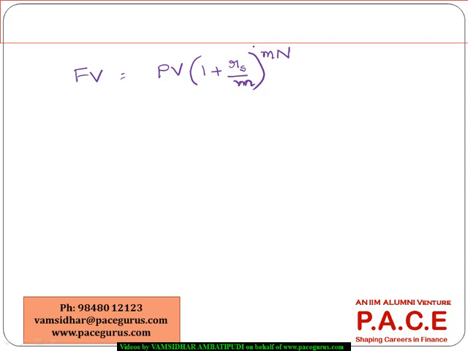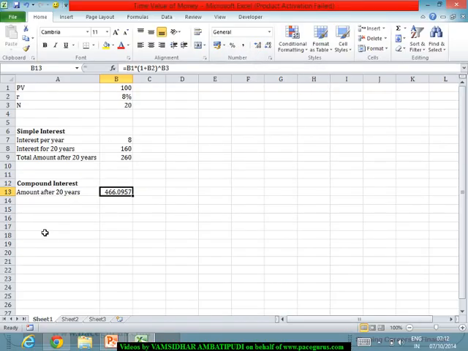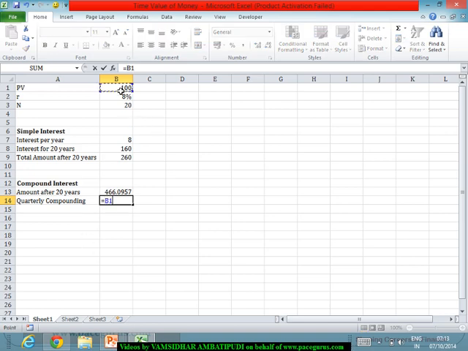So probably better to illustrate, if I want to look at the same amount with quarterly compounding instead of annual. This was an amount with an annual compounding. But now let's say I want to go with quarterly compounding. What is going to happen? The present value times 1 plus the quoted rate. Quoted rate or stated rate is not going to change. It's an annualized rate.